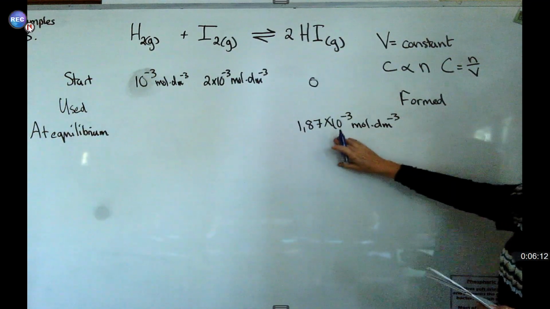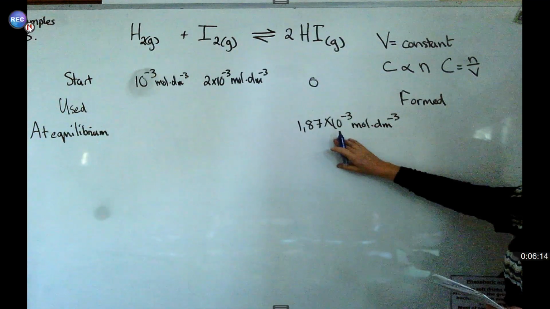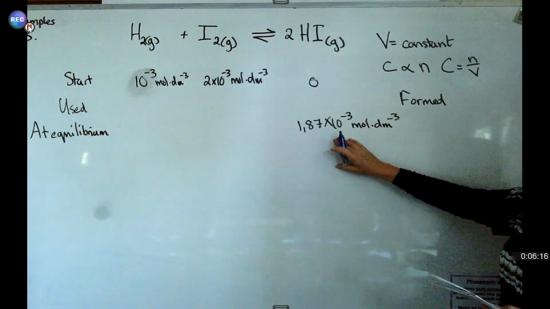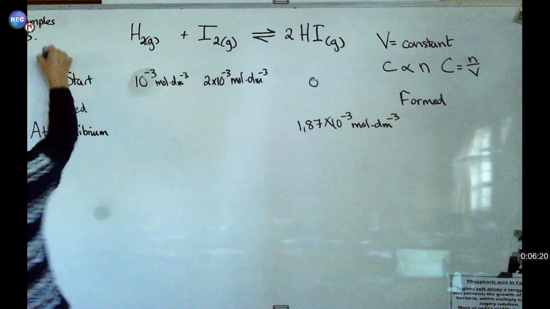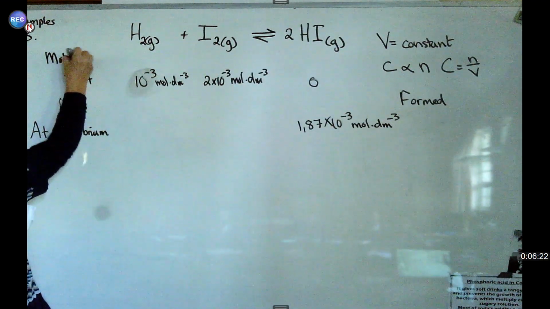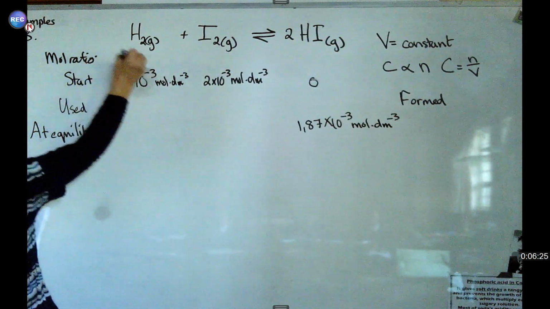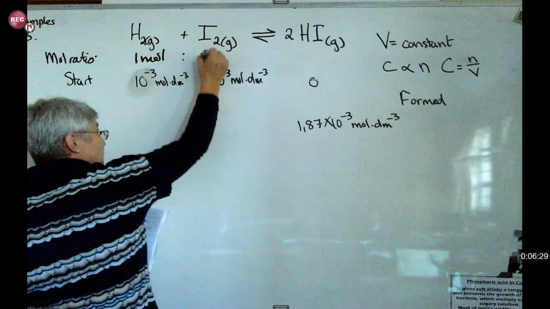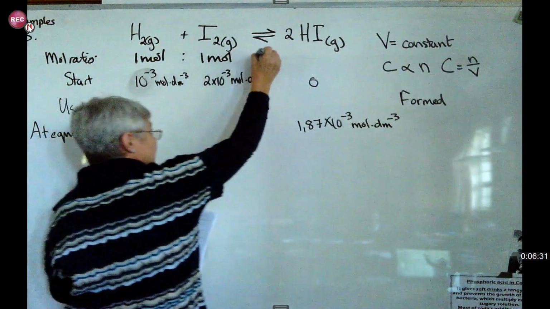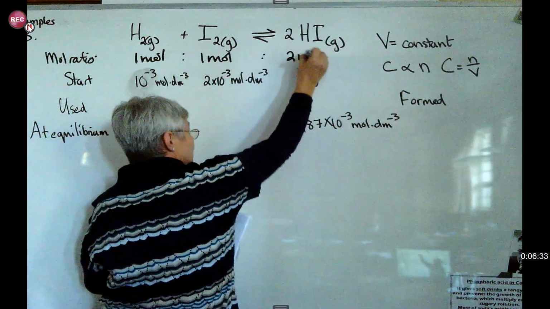Because they gave me concentrations to work with, I'm hesitant to use the mole ratio, because the mole ratio says 1 mole of this will react with 1 mole of that and give 2 moles of that.